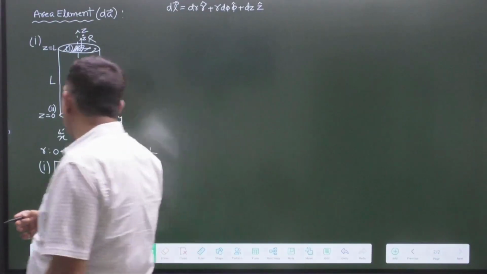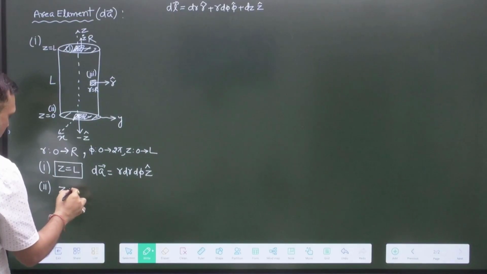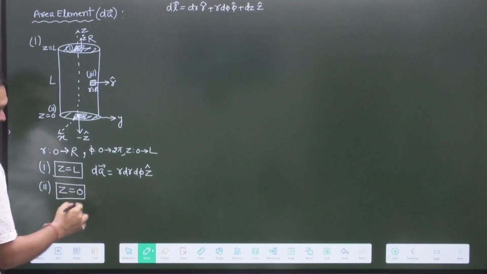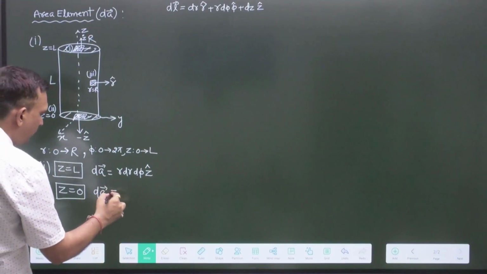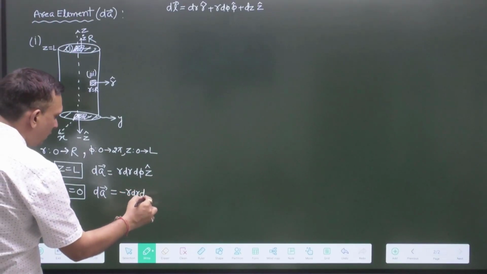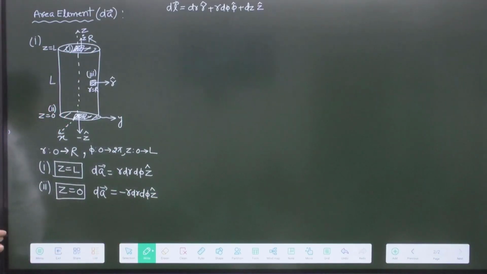On the second surface, z is equal to 0, dA is given by minus r dr d phi z cap.